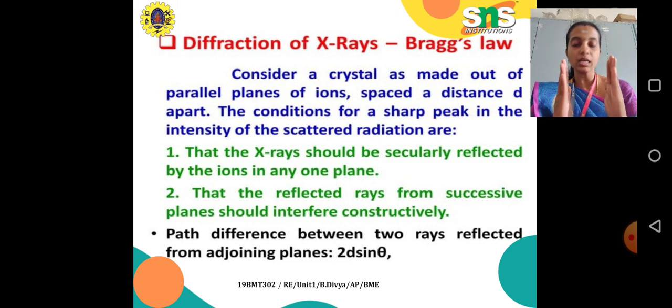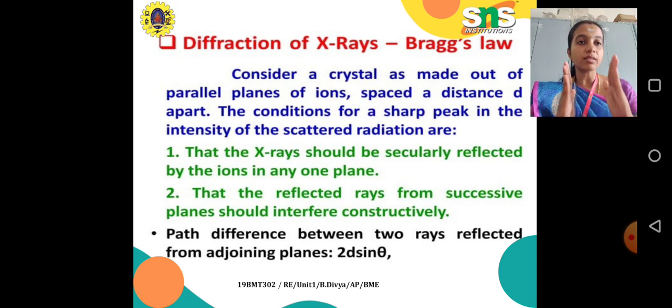We have two parallel planes placed, and the X-rays should be specularly reflected by the ions in any one of the planes.